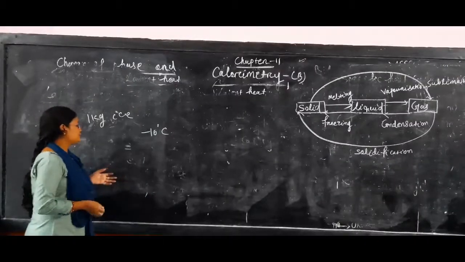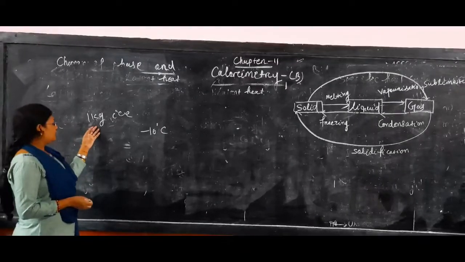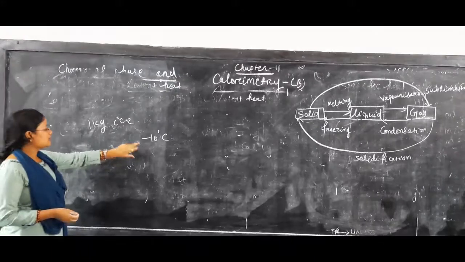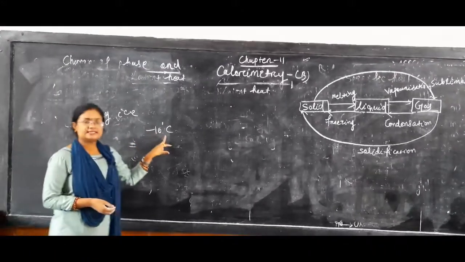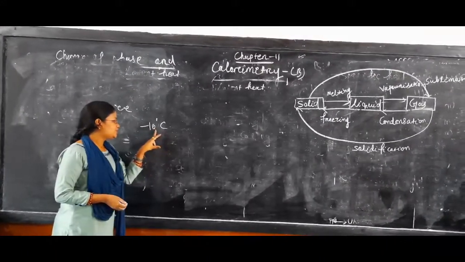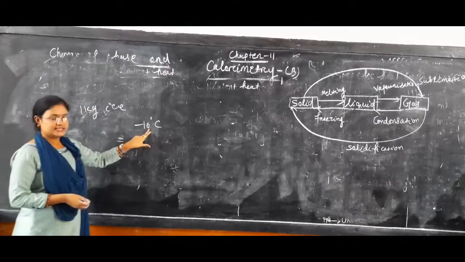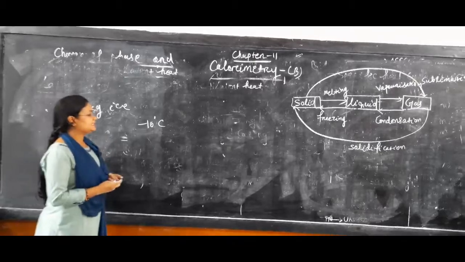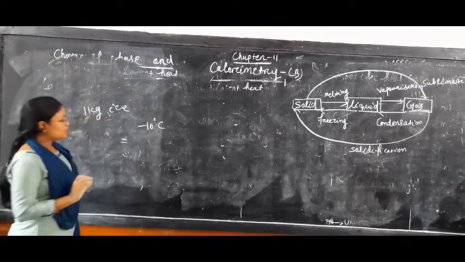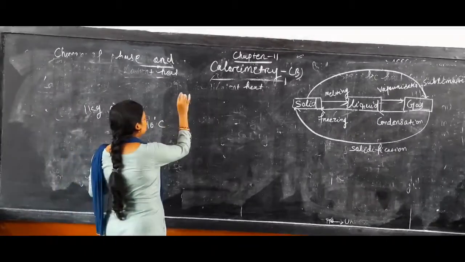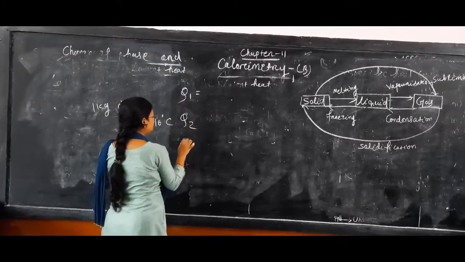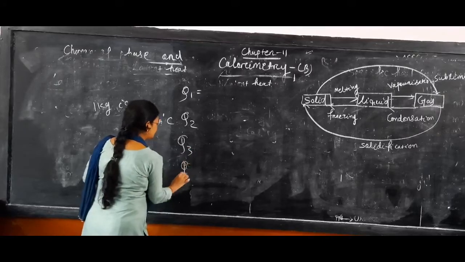Example, suppose one question is there. How much amount of energy is needed to vaporize 1 kg of ice at minus 10 degrees Celsius? Suppose the initial temperature of ice is given as minus 10 degrees Celsius and the mass of ice is 1 kg. So how much heat is needed to vaporize it? Here 4 steps are there, Q1, Q2, Q3 and Q4.